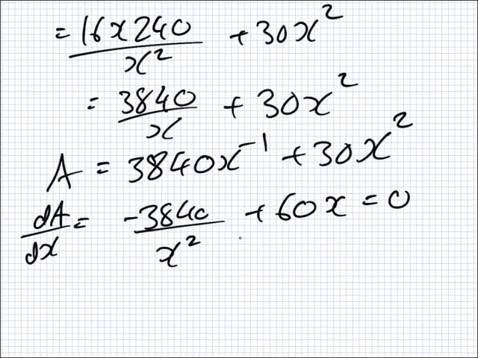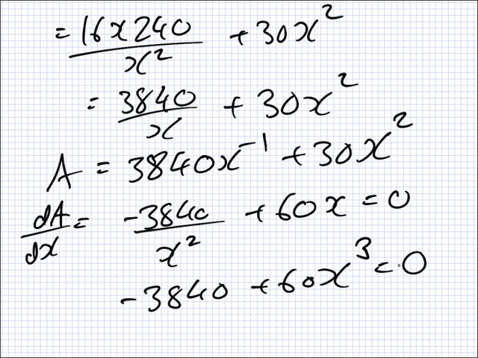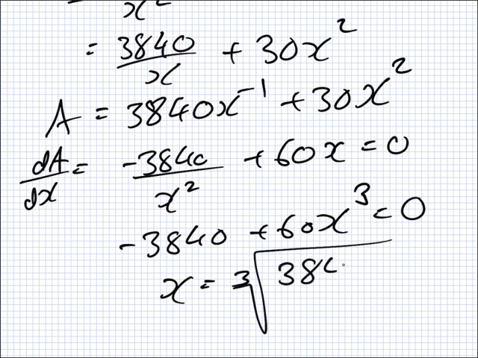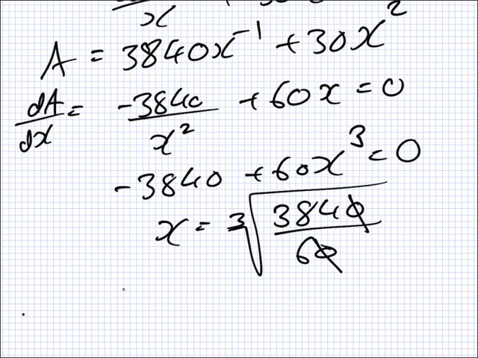X can't be 0, so I'll multiply across by x squared. So I will end up getting x equals the cube root of 3840 over 60. Cancel the zeros. So x finally becomes 4.